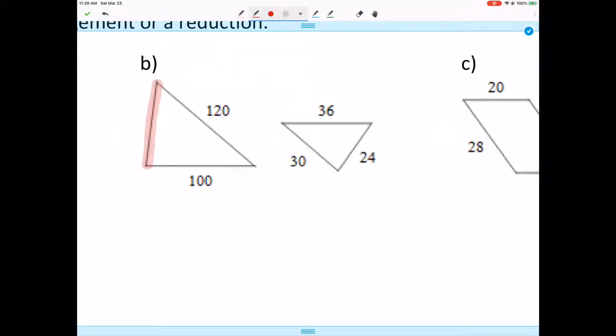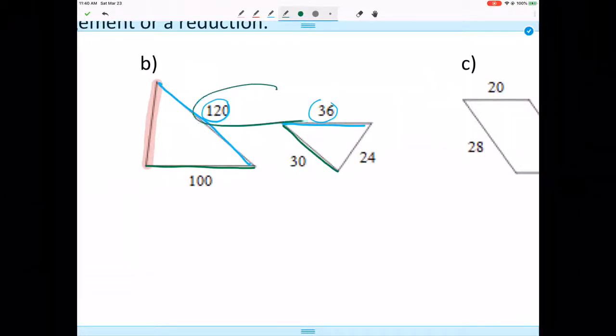But just by looking at them, this one to me looks like the longest side, so I would correspond that one to the largest number on this triangle. Then the next would be 100. 100 would correspond to 30. But if you weren't sure about that, then let's just stick with one.